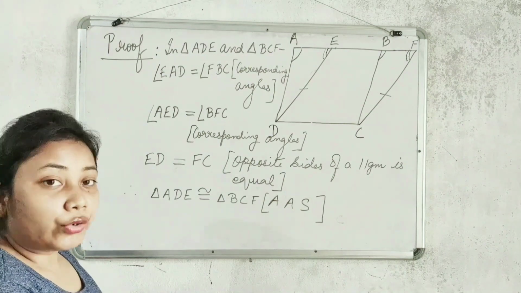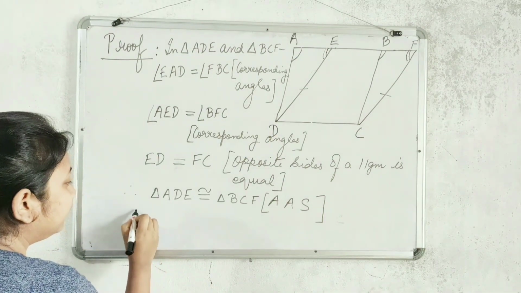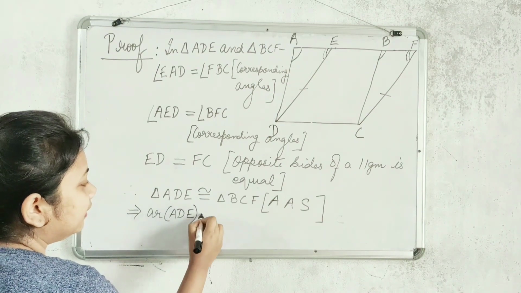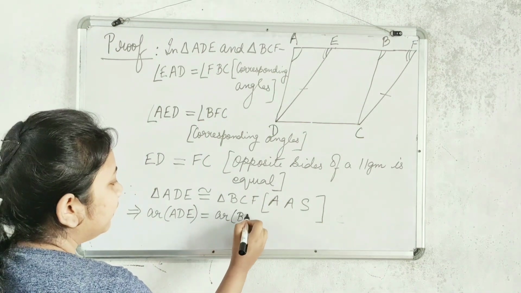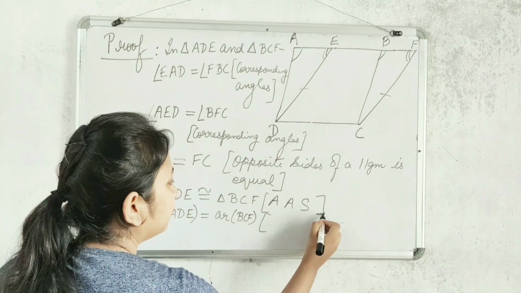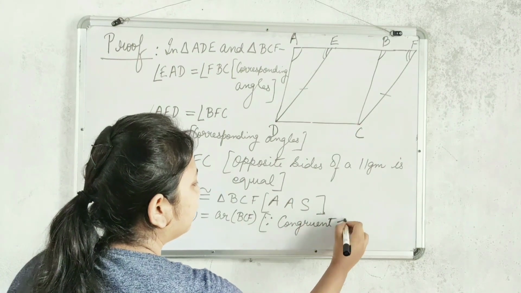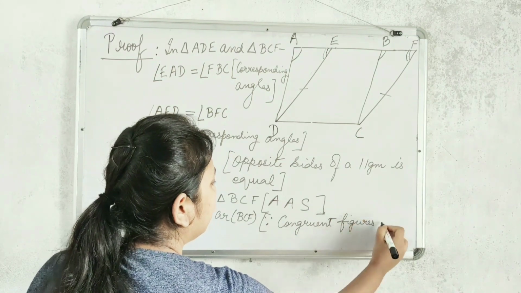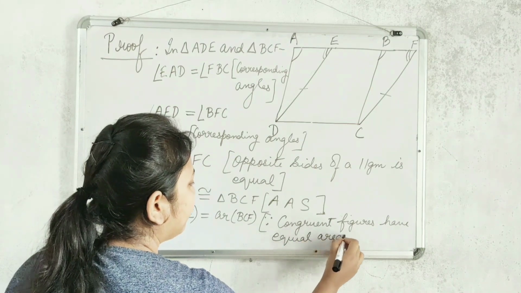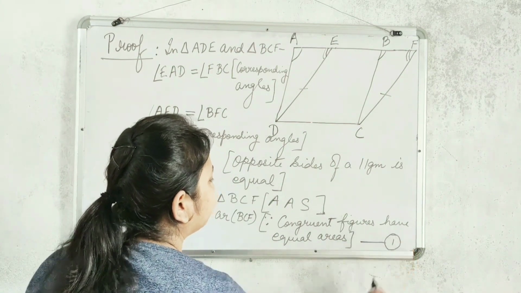We know that the areas of congruent figures are equal to each other, which implies area of triangle ADE equals area of triangle BCF, since congruent figures have equal areas. We mark it as equation number 1.